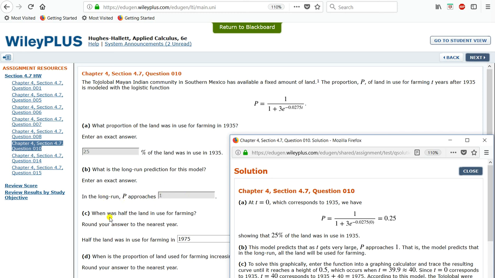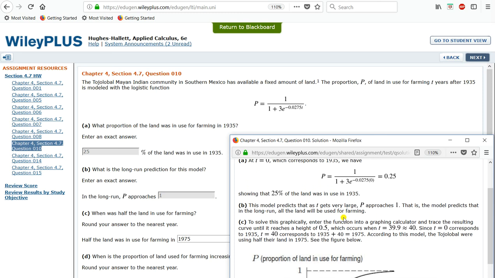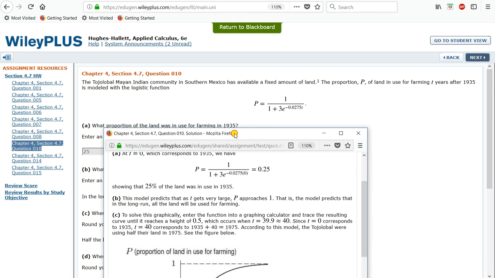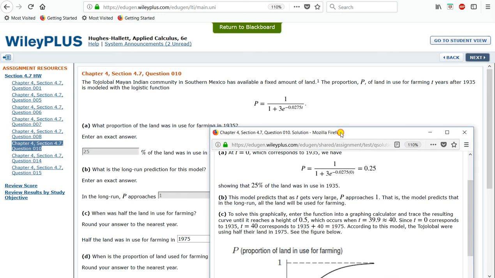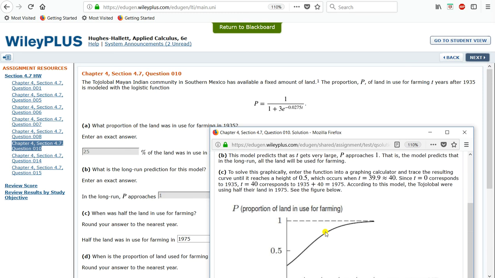And when was half of the land in use for farming? So to find half of the land, we can solve this by graphing.